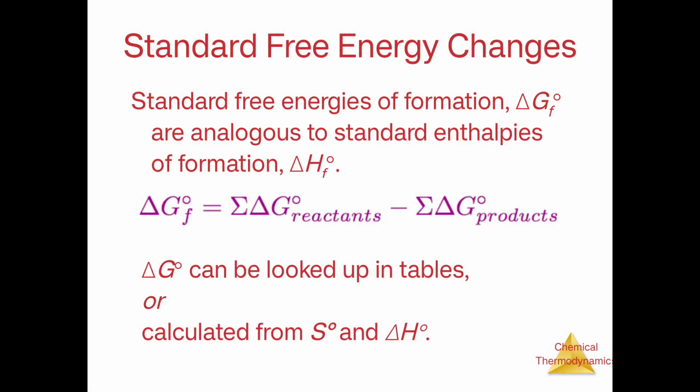So, the standard free energy change of formation will now be considered as the difference between the sum of the standard Gibbs free energy of the products and the sum of the standard Gibbs free energy of the reactants.